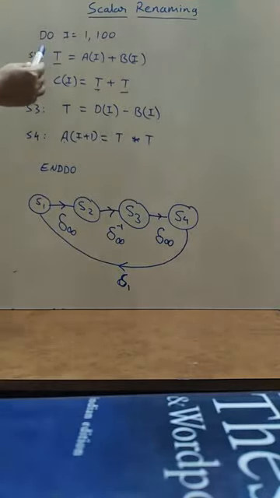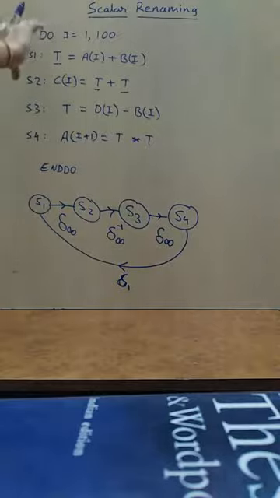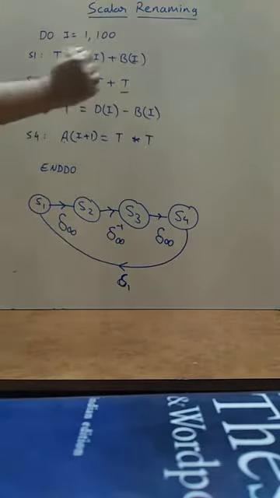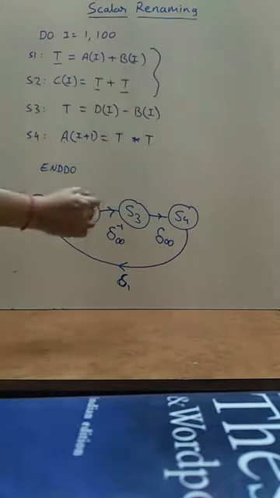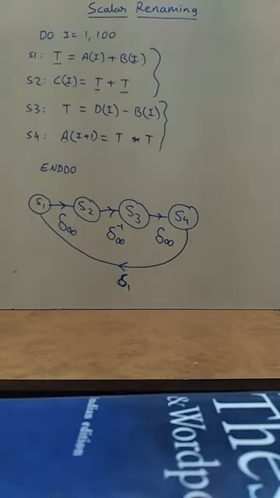Basically the programmer tries to save memory, and that's why, when two values are used, the programmer uses the same memory location. So there are two sets you can form in this iteration. One set is S1 and S2, another set is S3 and S4.